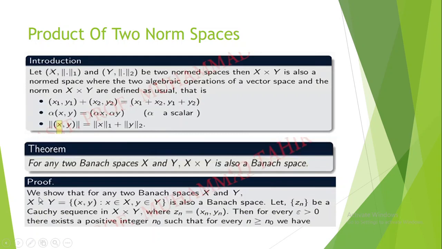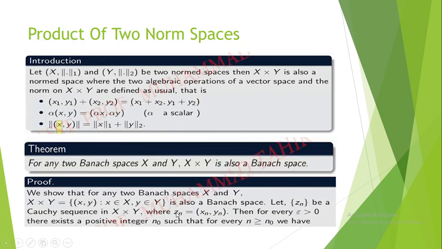So first we will show that for any two Banach spaces X and Y, the Cartesian product of these two normed spaces, the set of all ordered pairs where the first entries belong to the normed space X while the second entries belong to the normed space Y, is also a Banach space. Now we take an arbitrary Cauchy sequence in this Cartesian product of two normed spaces.